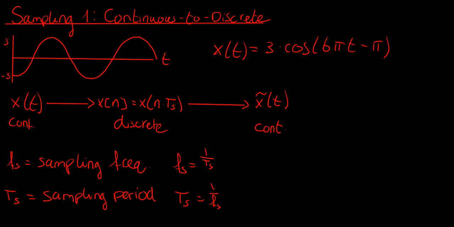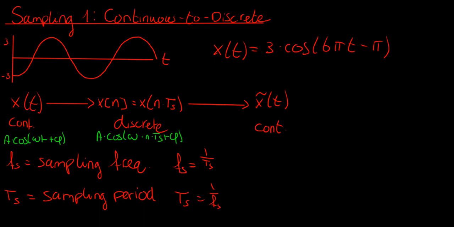Our function of x(t) always looks like the following: A times the cosine of omega t plus phi. If we go to the discrete domain, our function changes because we fill in n times Ts. So we get A times the cosine of omega times n times Ts plus phi.